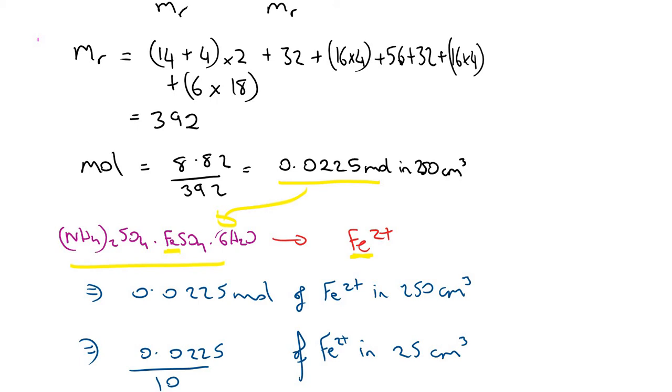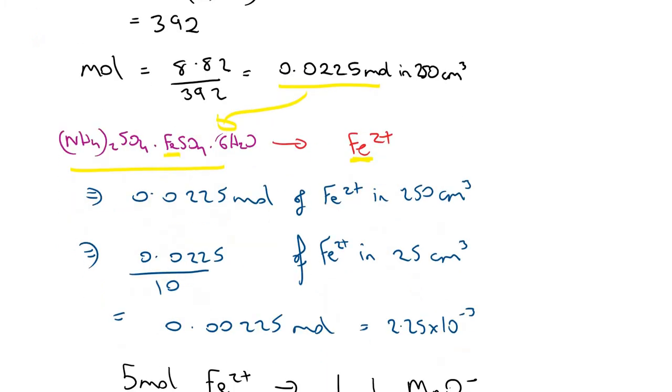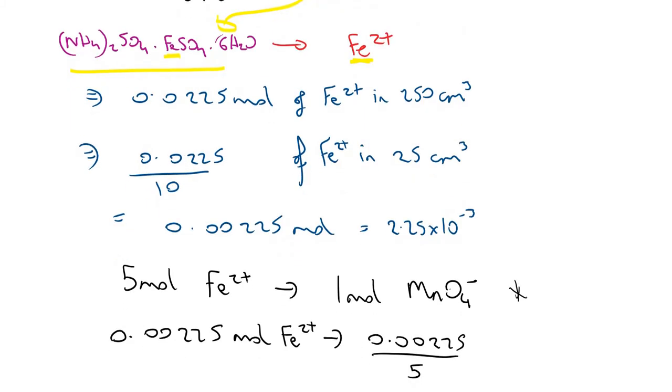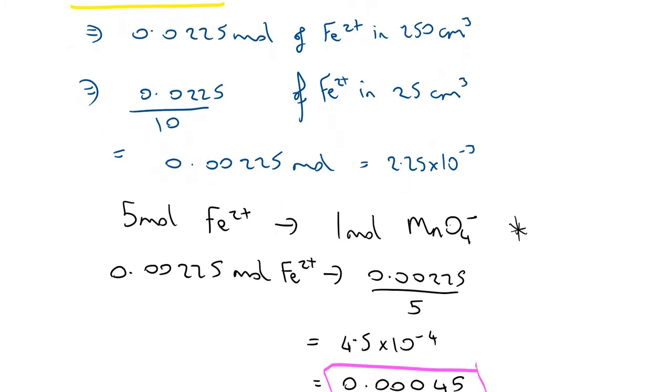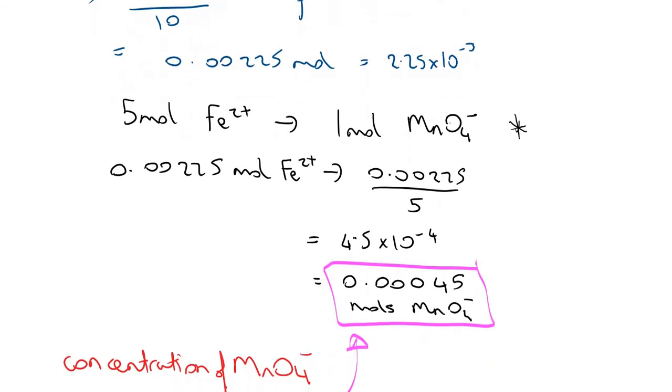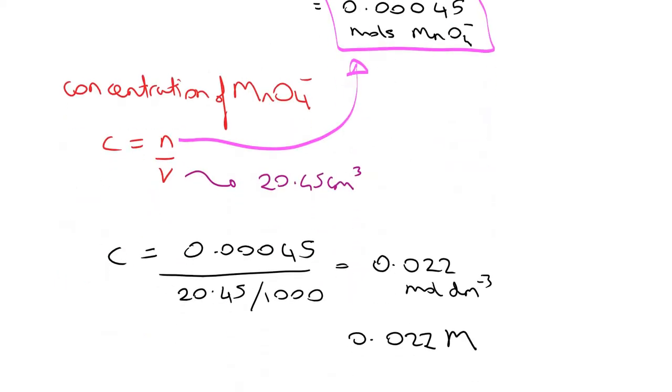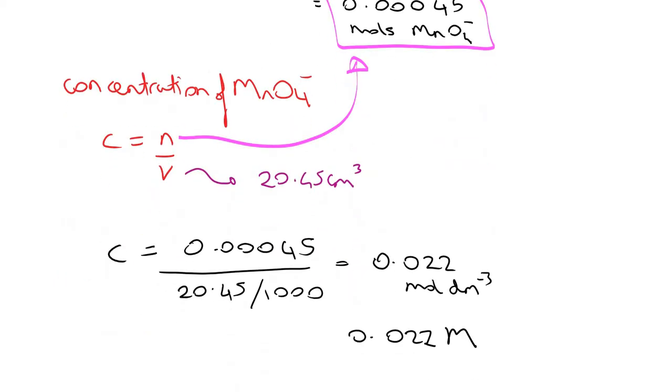We need to work out the number of moles of Fe2+ in the 25 centimeters cubed that was taken out. We work that out. Then to work out the number of moles of manganate, we needed to use the balanced equation, the stoichiometry of the reaction. To find the actual number of moles of manganate, we use the actual number of moles of Fe2+ that reacted and divide by 5, because they react in a 1 to 5 manner. From the number of moles of manganate and the volume of manganate that reacted, we're able to work out the concentration of the original manganate solution, which is this.